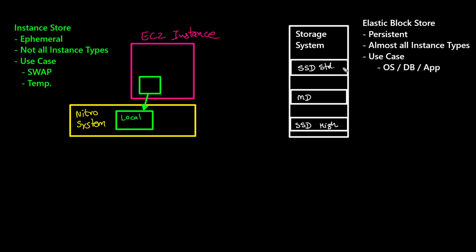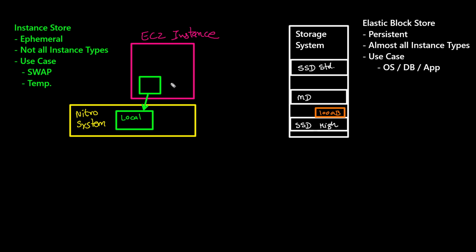Now, when you say that you need some storage on EC2 and you create something called a volume, what happens behind the scenes is that whatever you requested, that much capacity would be made available from the storage system. So if I said I need an SSD based high performing 100 GB volume, then on the storage system a 100 GB volume would be carved up for you, created for you, and then this 100 GB volume will be presented to the EC2 instance.